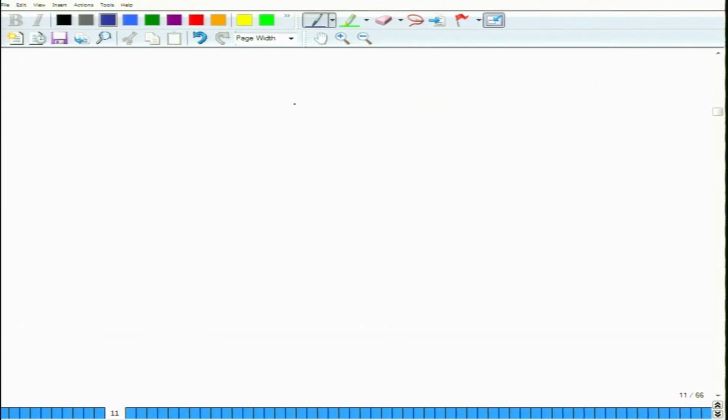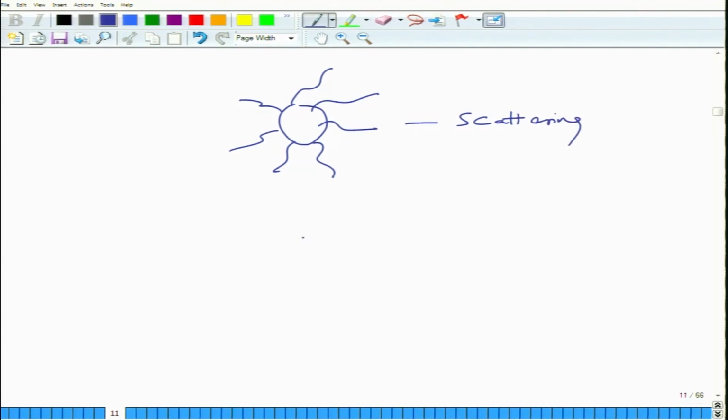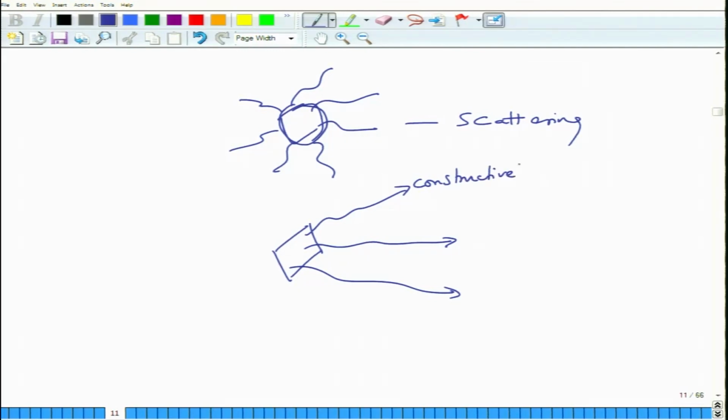So, basically when you have scattering, you have beams going in all directions. This is scattering. And if you have a crystal which is diffracting, so let us say this is the aperiodic crystal or just scattering over a particle, you have specific directions along which there are constructively interfered beams.